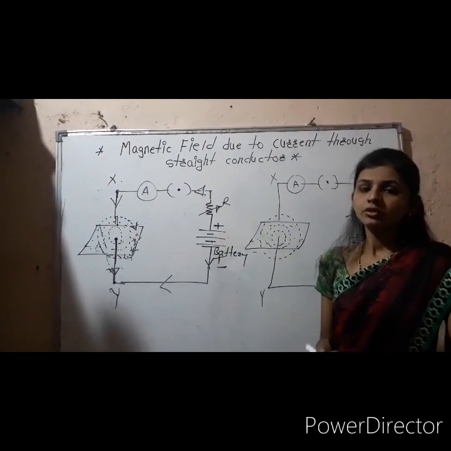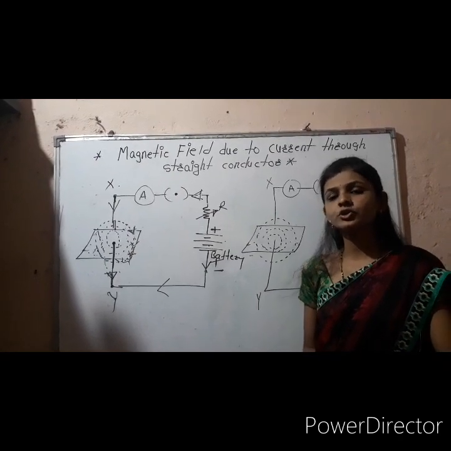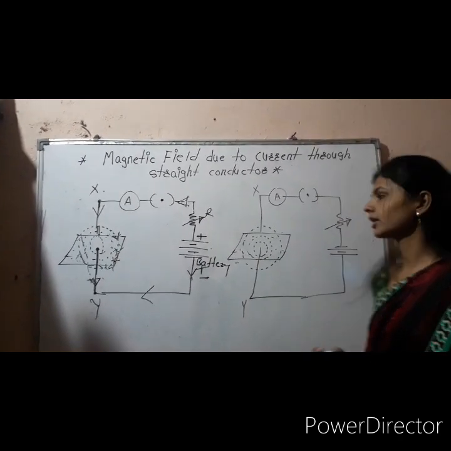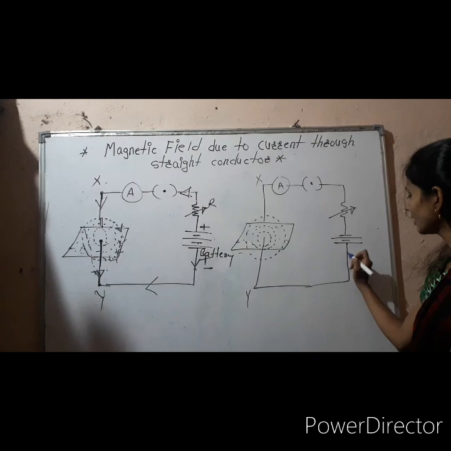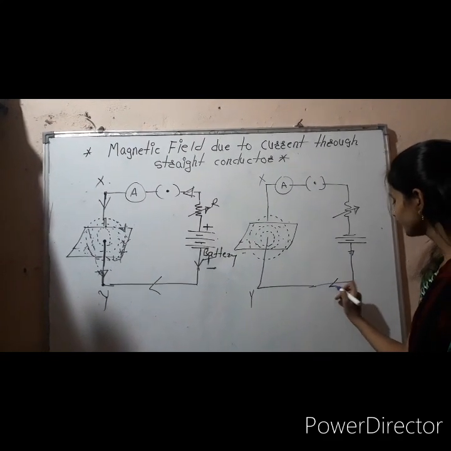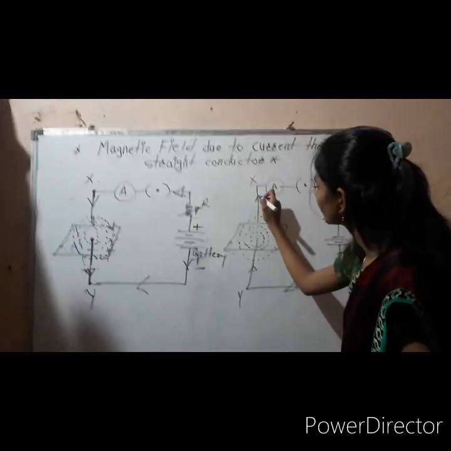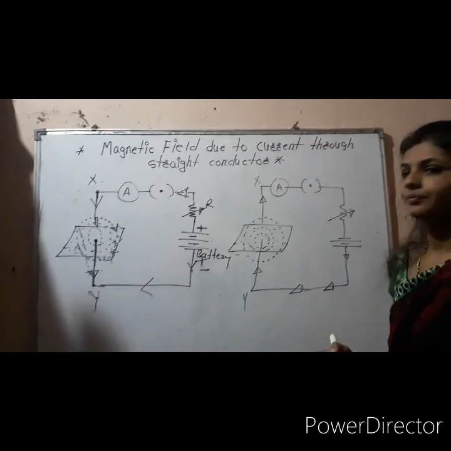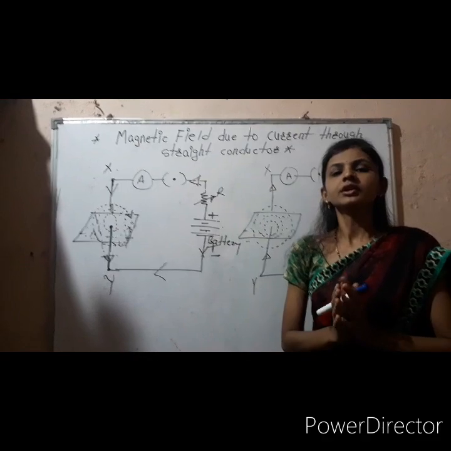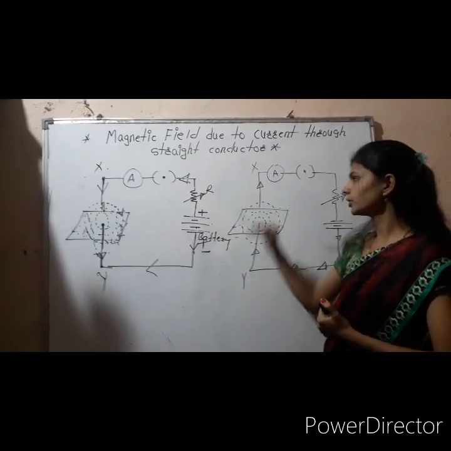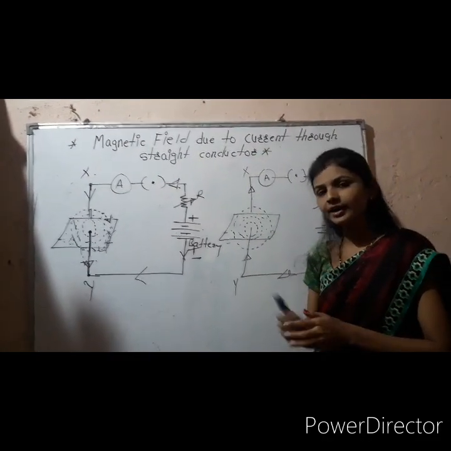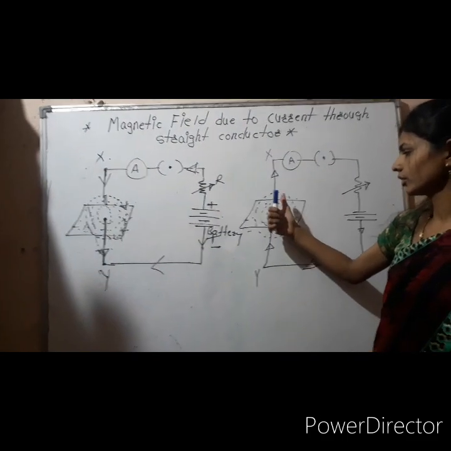Now we have to concentrate on the direction of the current. What is the direction of the current here? You can see that here the current is flowing from downward to upward. So whenever the direction of current is from downward to upward, again hold the electric rod like this way.